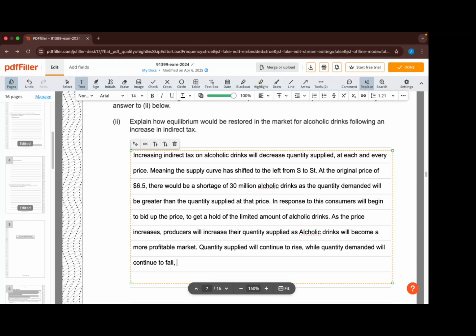Quantity supplied is going to increase, and this is going to keep happening until these two equal each other, and equilibrium will be restored at a lower quantity.